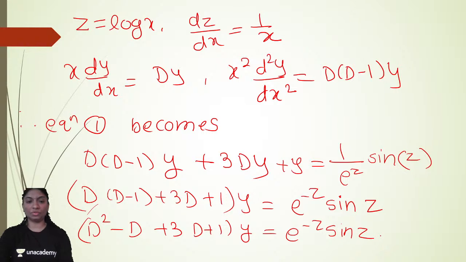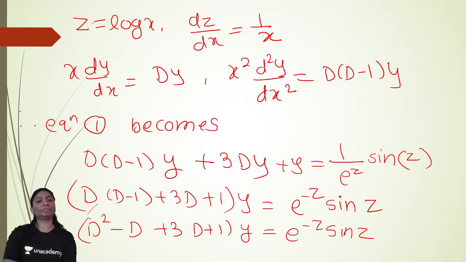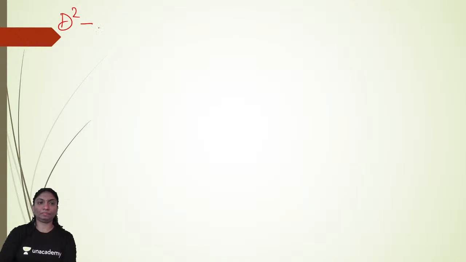Now this will be converted into d square minus d plus 3d, that is plus 2d, plus 1 of y is equal to e raised to minus z into sine z.